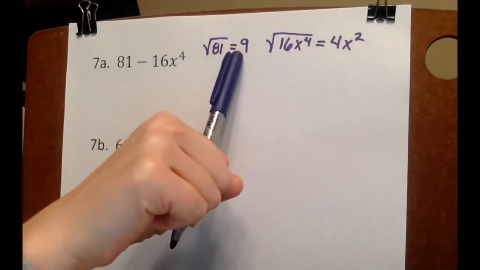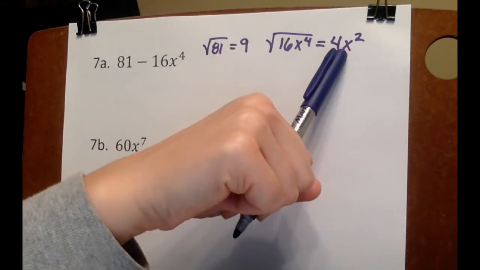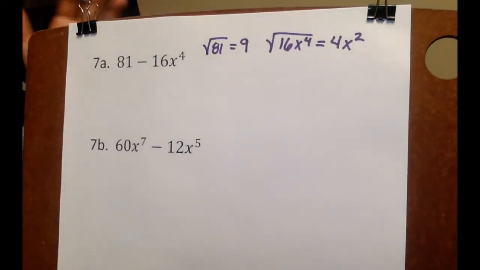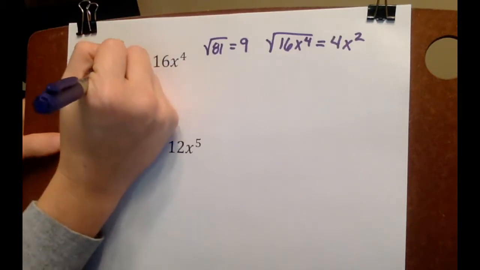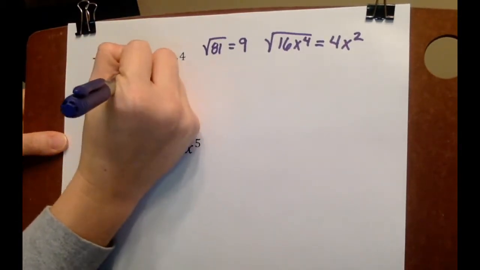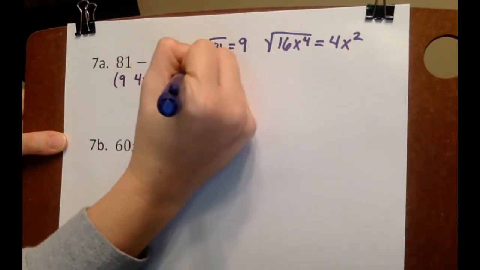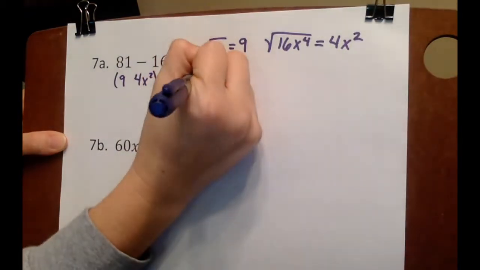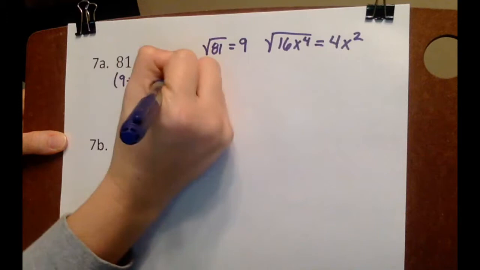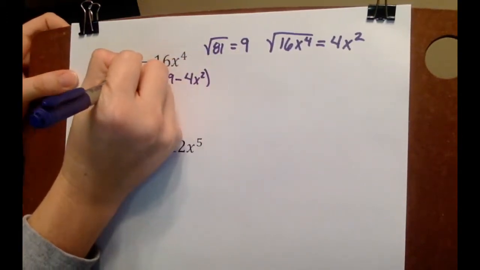So 9 is your A term, 4x squared is your B term, and again, just because the variable's at the end, don't let that throw you off. That's just what it is. So here we have 9 and 4x squared. We put our plus and our minus sign for the factored form.